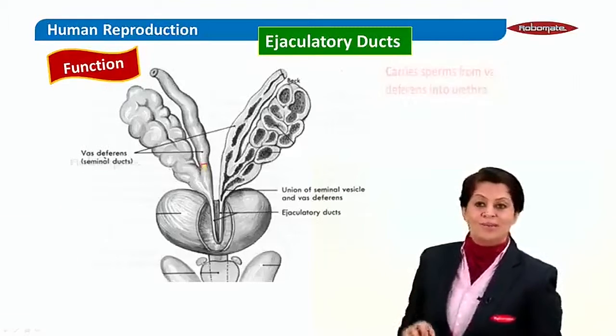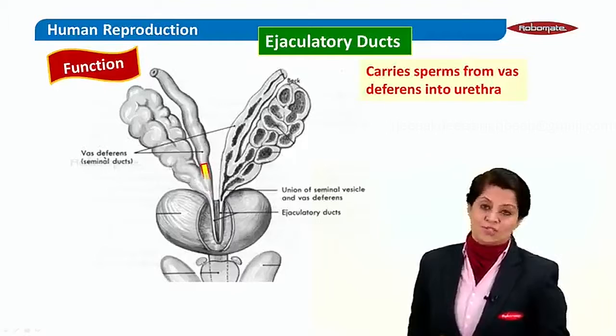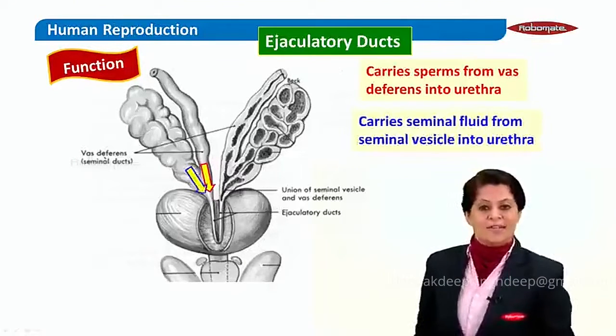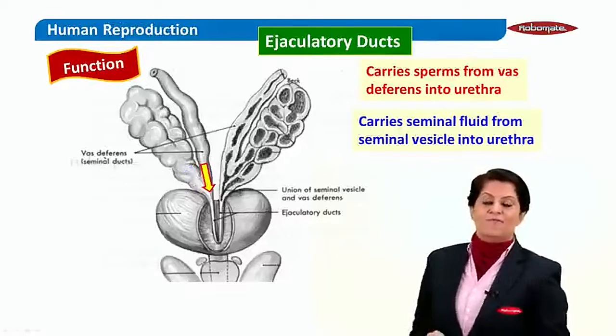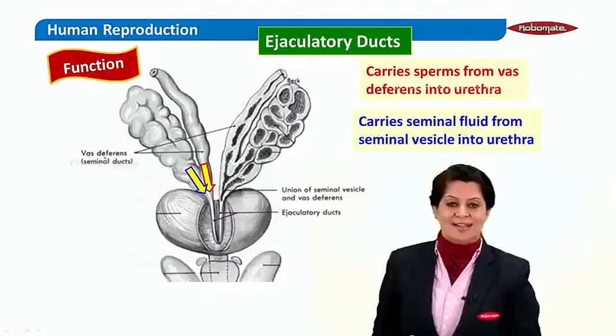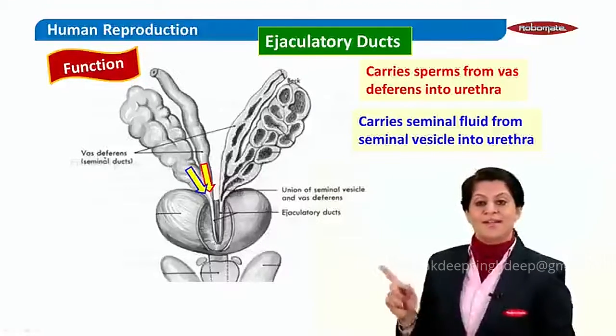And what are those? It carries sperms from vas deferens to urethra, and the second function is it carries seminal fluid from the seminal vesicle into the urethra. So it's transferring these two fluids into the urethra.